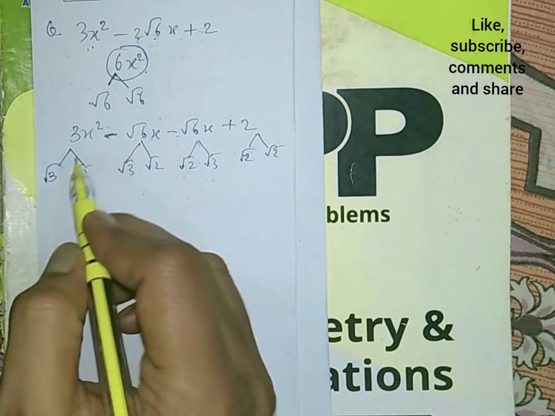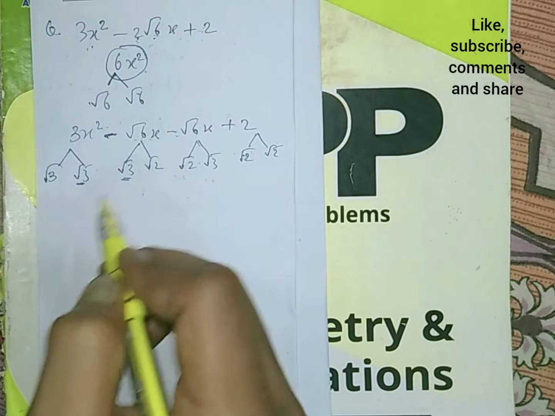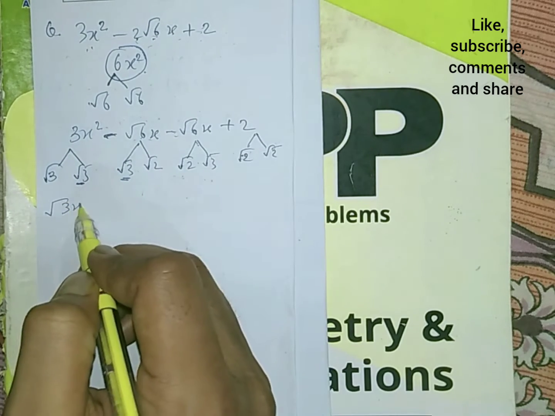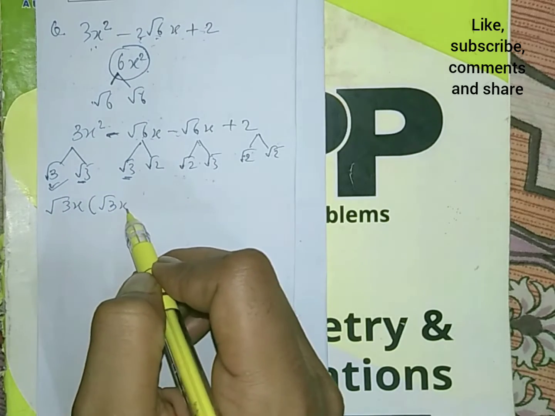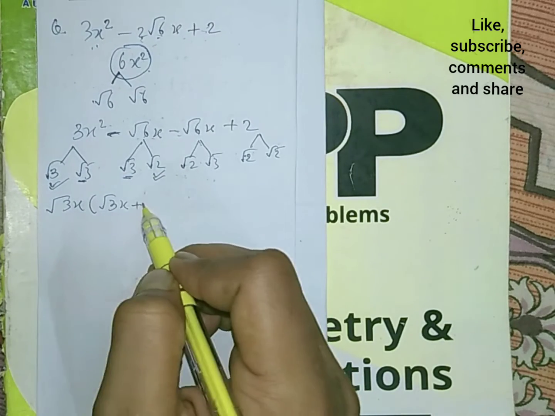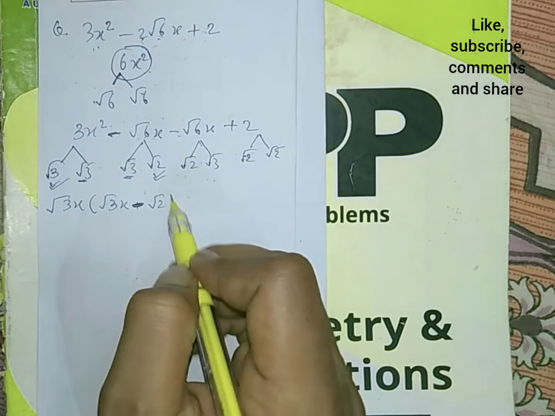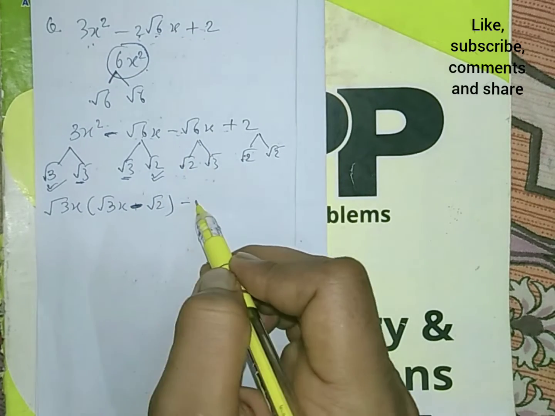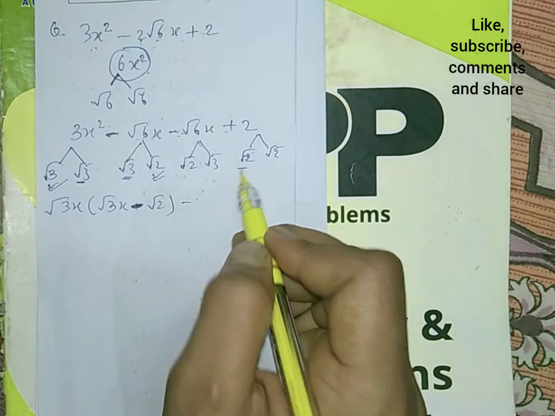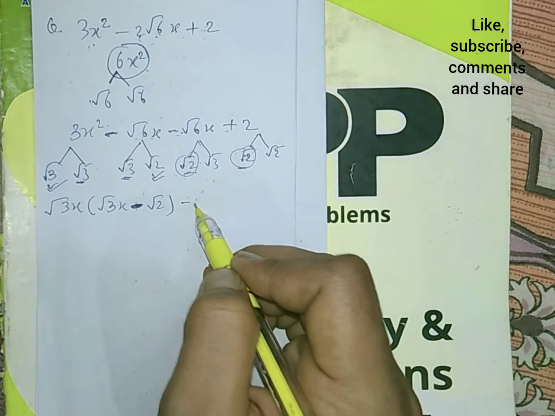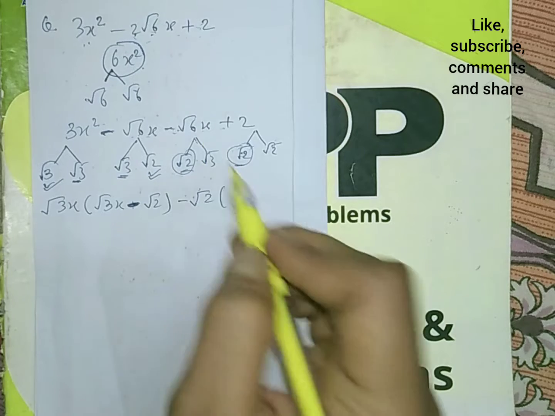Now take out common here. What is common? Both root 3, yes or no? So take out common here root 3x. What is the remainder here? Only root 3. Very good. Also x. What is the remainder here? Plus minus, yes, minus root 2. Now take out here at first minus, because minus is here, and also what is the common? Root 2 common. So take out here root 2. What is the remainder?